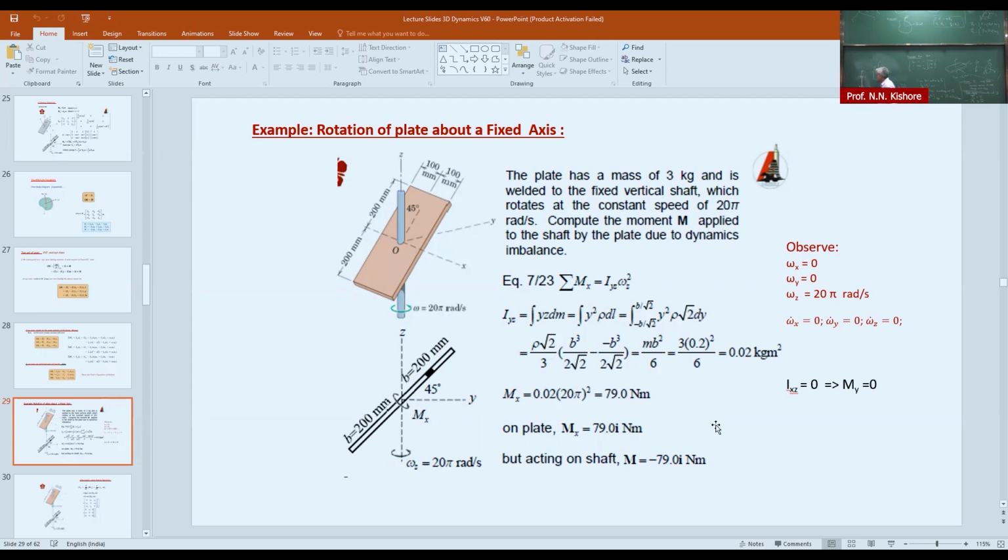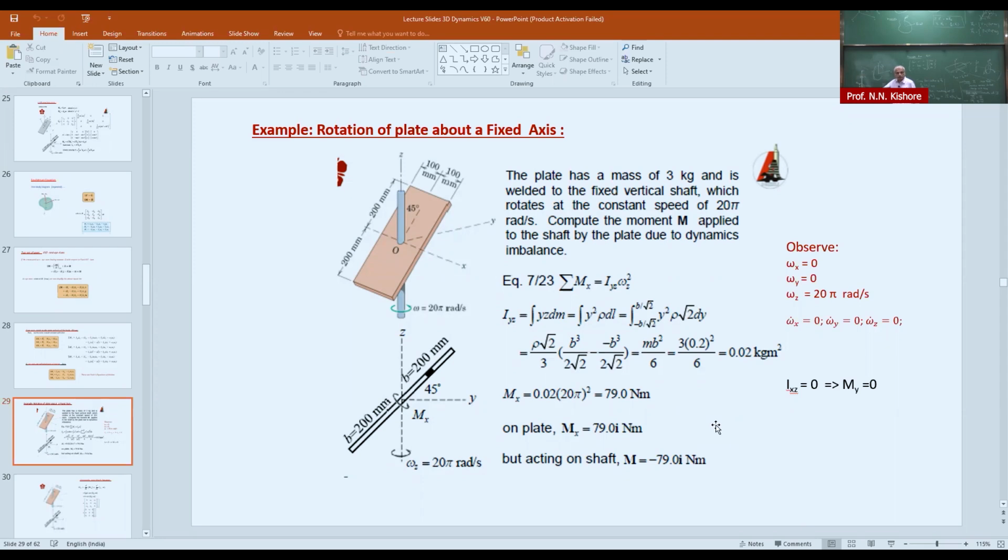Okay, and then what we have here is the Mx. You require a moment Mx, right? That's what we have calculated for this kind of motion. So how do we generate this kind of Mx?